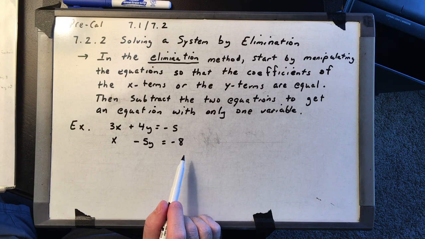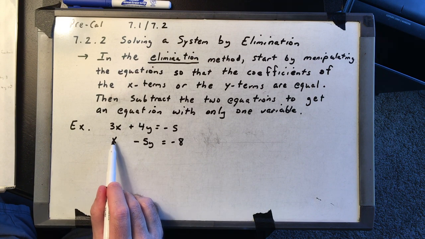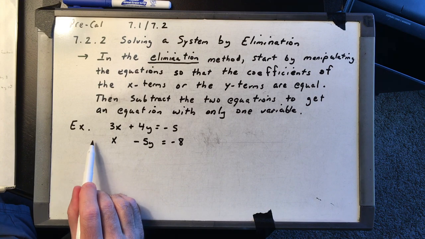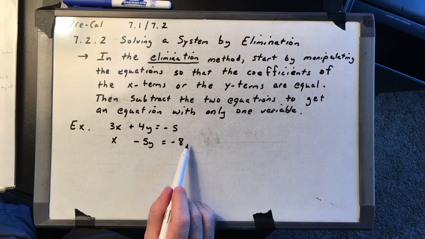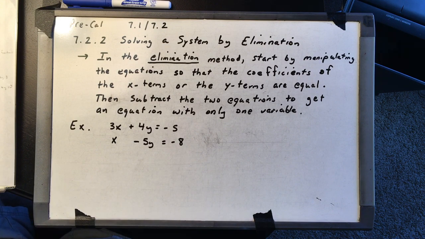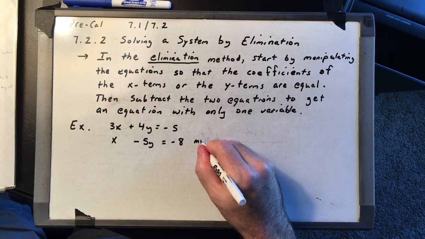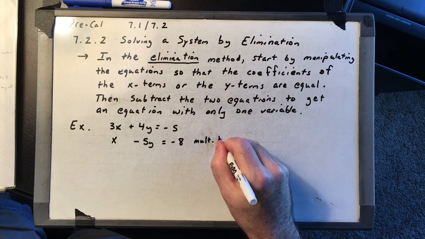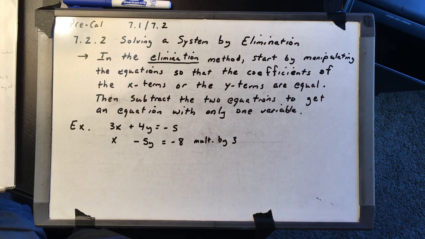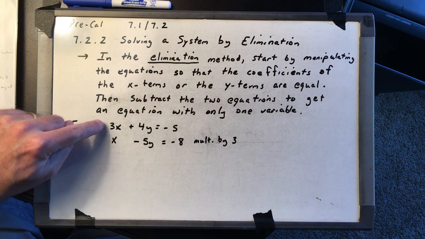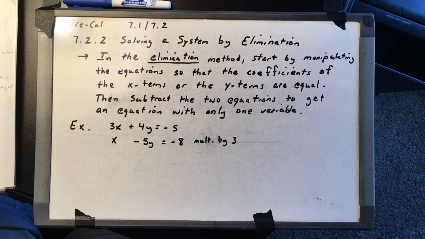So it's probably easiest to eliminate the x. Because I can multiply this entire second equation by 3. If I multiply that entire second equation by 3, then I could subtract it from the first and get rid of the x.